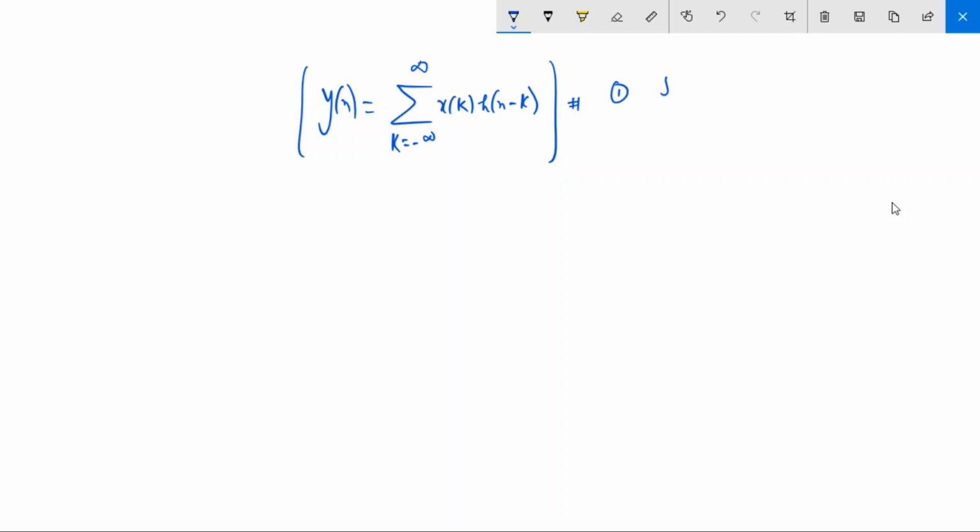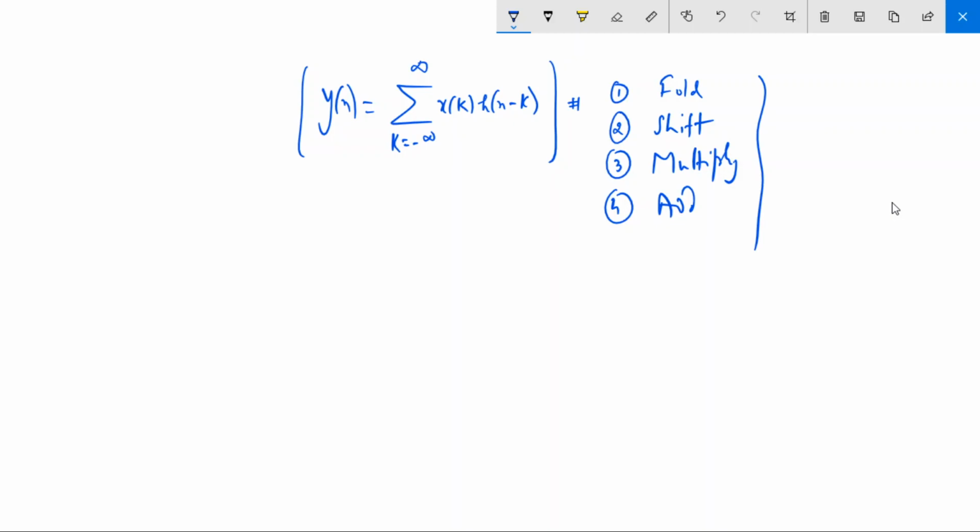First fold one signal, then you have to shift, then you have to multiply the two, and then you have to add them. Okay, fold, shift, multiply, add.